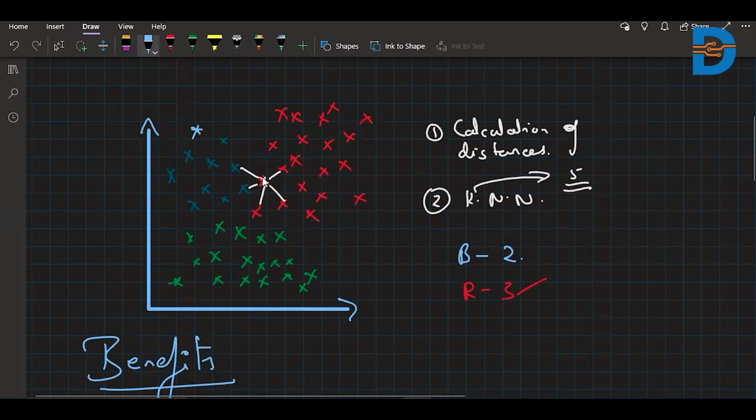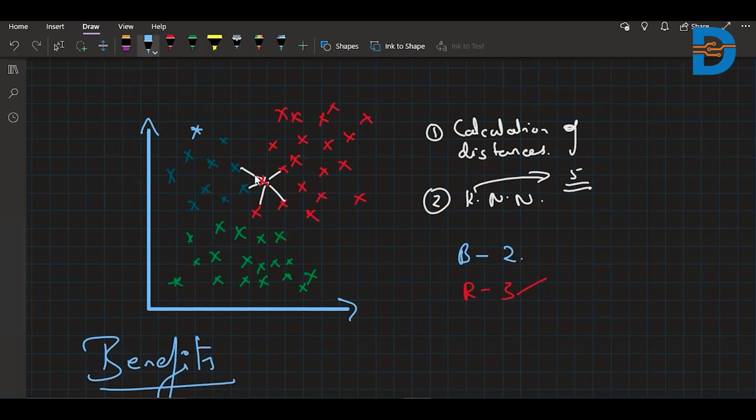You could use the Euclidean distance, which is what is most commonly used for the calculation. But when it comes to 4, 5, 10, or even, in real case scenarios, hundreds of features, the calculation becomes a lot more difficult, a lot more complex.